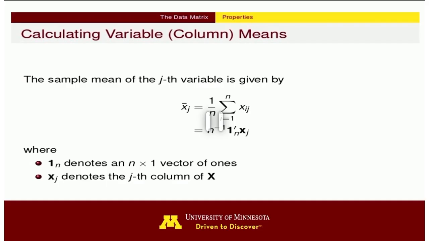If you take a look at this, say x bar j. When I say x bar j, my j is going to start from 1 until I get to p.